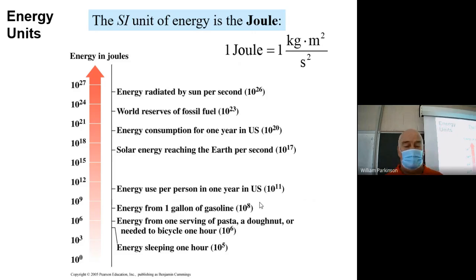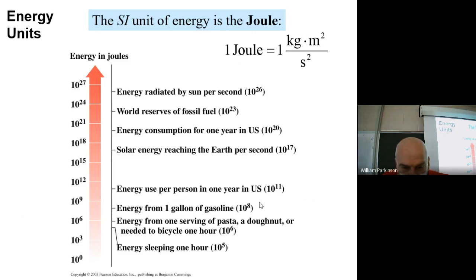And if you wanted me to translate that, I can do it in some rough, quick head math. 100,000 joules of energy, which is the energy to sleep for an hour, would translate into 20 calories of energy. So every hour that you sleep, you burn about 20 calories in your body while you're sleeping for that hour.